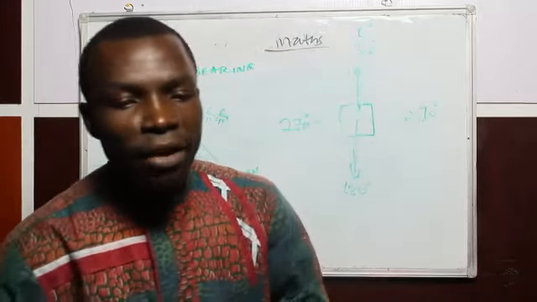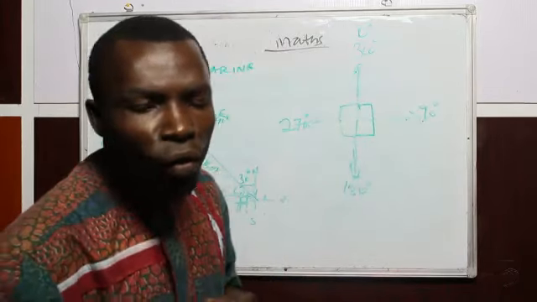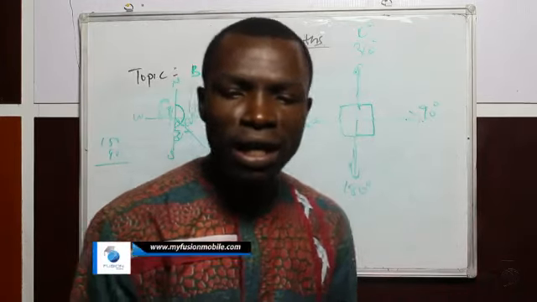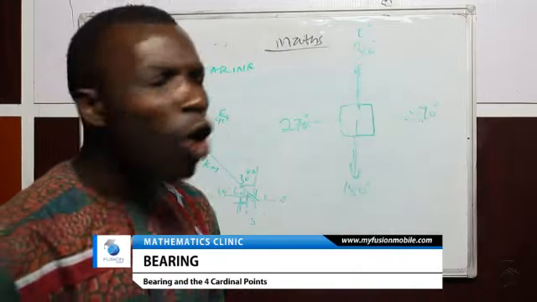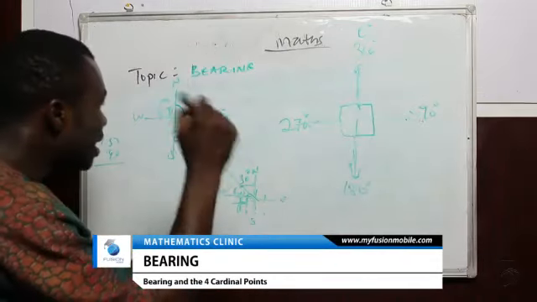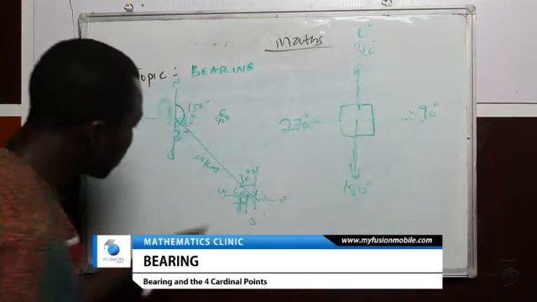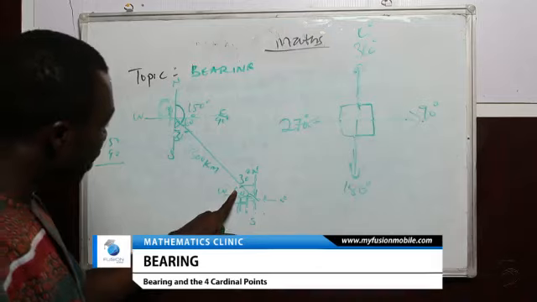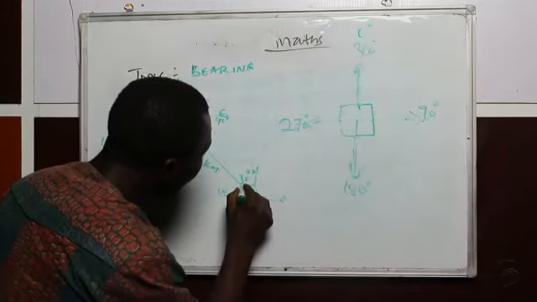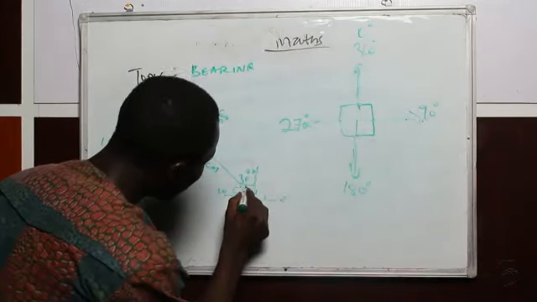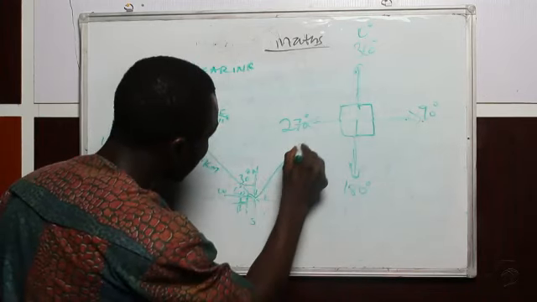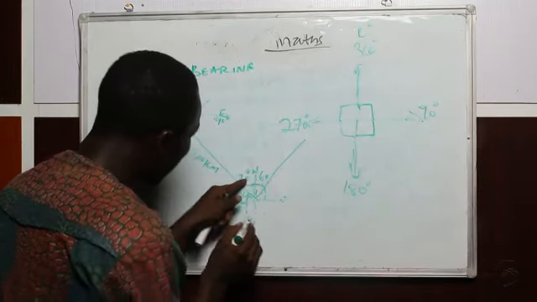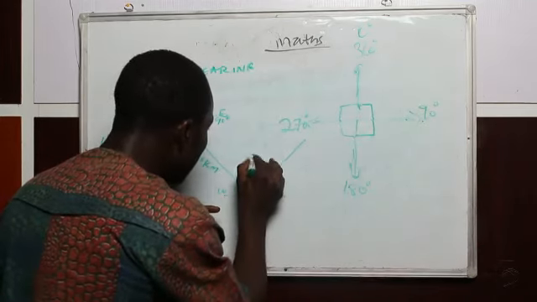Now, it then flew a distance of 450 kilometers to city H on a bearing of 60 degrees. We have 30 degrees here, we have 60 degrees here. On a bearing of what? 30 degrees. That shows that from here to this point will now be 60 degrees, because this is 30 degrees. 30 plus 60 will give us what? 90 degrees.